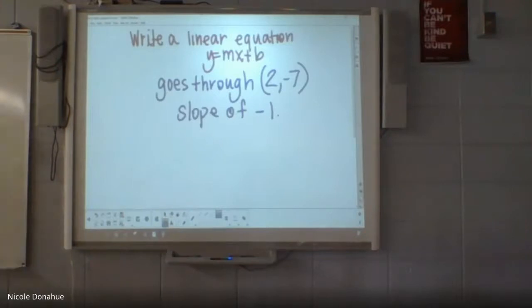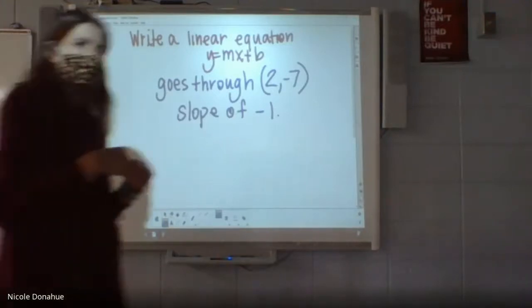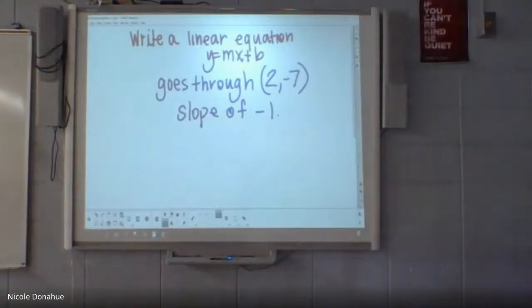So you're going to have to find the b this time. I'm not giving you b, so you have to find that, and then you have to rewrite that equation.